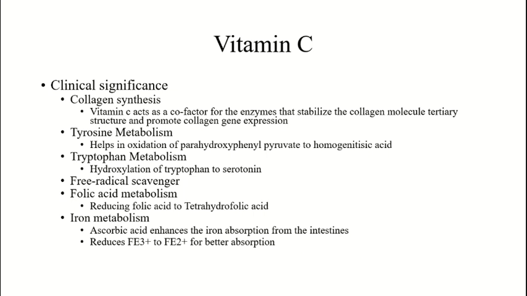It is capable of inactivating toxic oxygen radicals, which typically arise from normal metabolism and from direct exposure to sunlight, ozone, smoking, and other pollutants. In iron metabolism, it helps by reducing ferric to the ferrous form of iron and enhances iron absorption from the intestines.